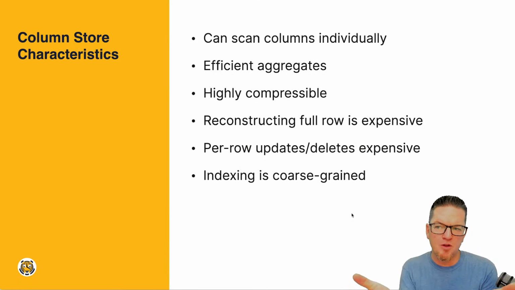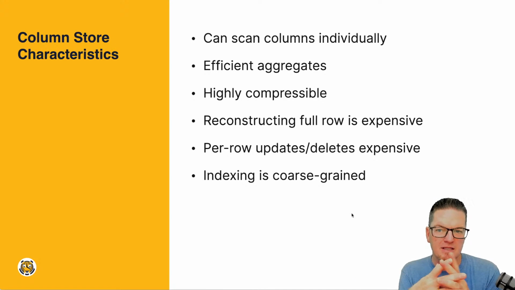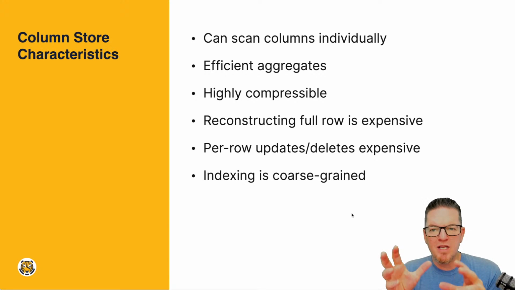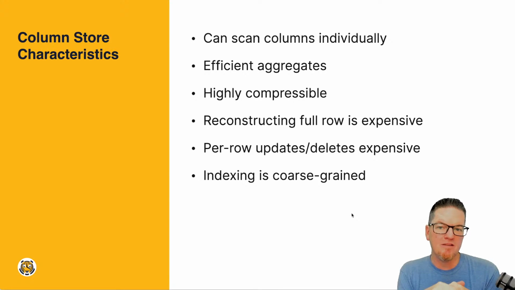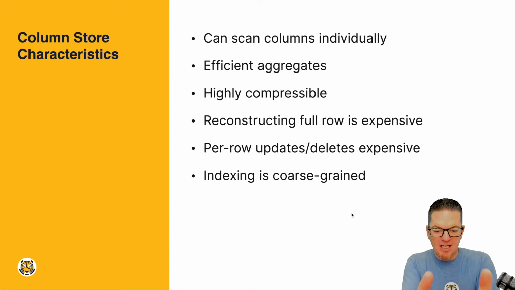So the benefit of columns, and this is why a lot of the more high performance databases you're seeing nowadays tend to be column oriented, is that you can aggregate and scan columns really effectively. If I need an average or an aggregate of one column, I can just get all the values for however long the range of time is for that one column.